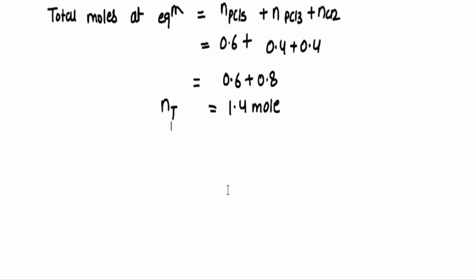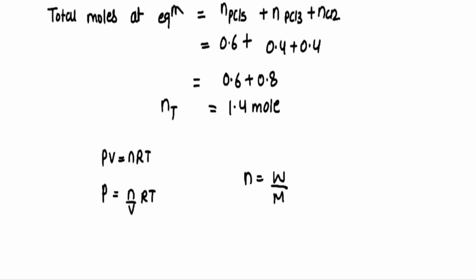Now, since it is given that we assume ideal behavior, according to the ideal gas equation, PV is equal to nRT. So P is equal to n by V into RT. Now, n is nothing but weight divided by molar mass.